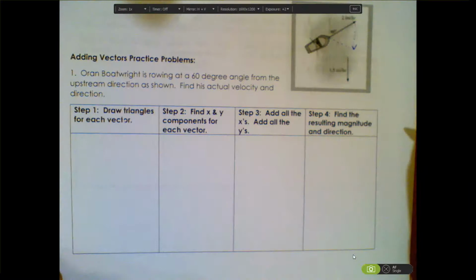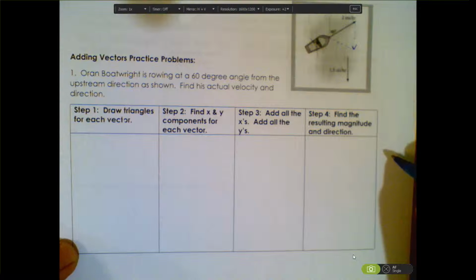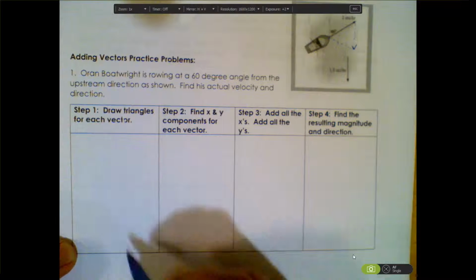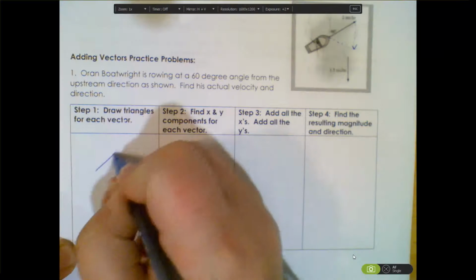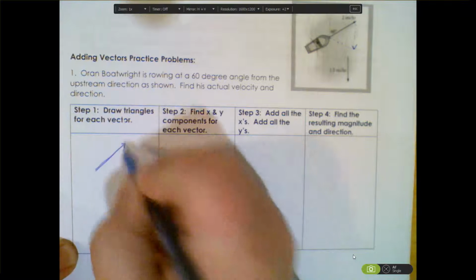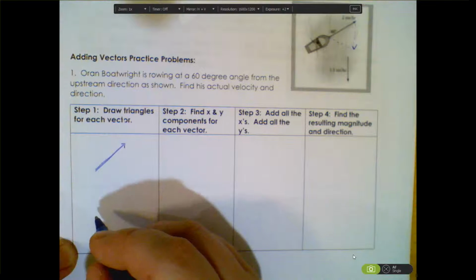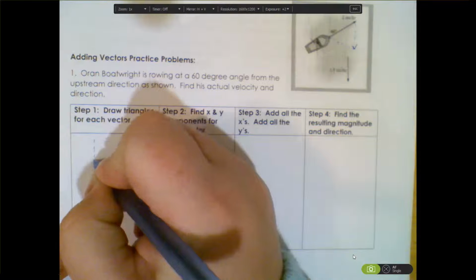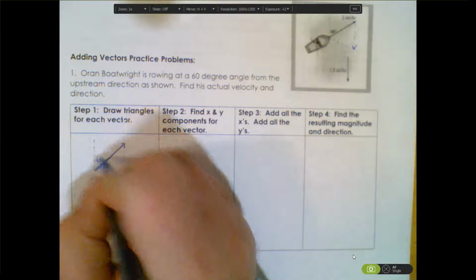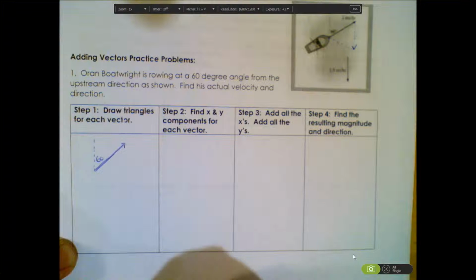But let's see what happens when we do it algebraically. So the first thing I want to do is I want to split apart the two vectors, and I want to find the x and y components of them. So I'm going to draw the first vector. I know that it has a 60-degree angle here and a magnitude of 2 miles per hour.